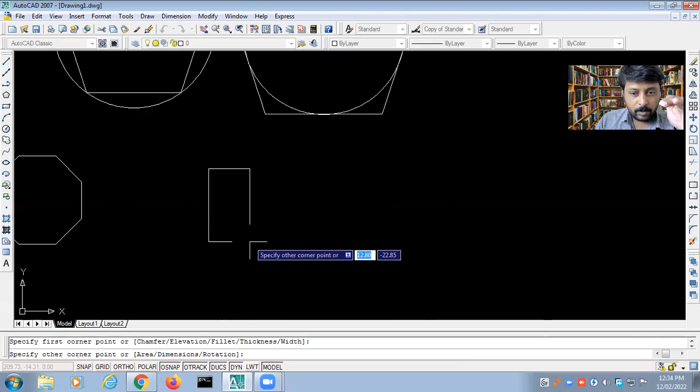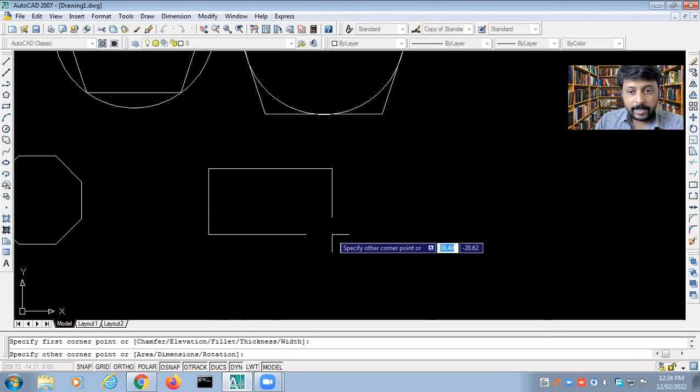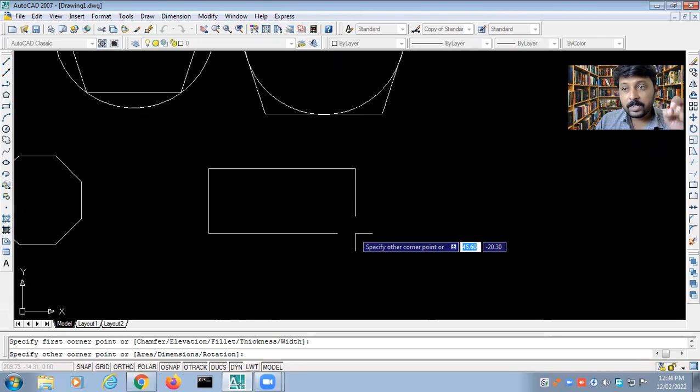At the below side, you can observe over here the length and width. Actually length is 45 mm, and height is 20 mm, but it is minus 20 mm. Why? Because we have started from that point and from that point we are taking the line below.